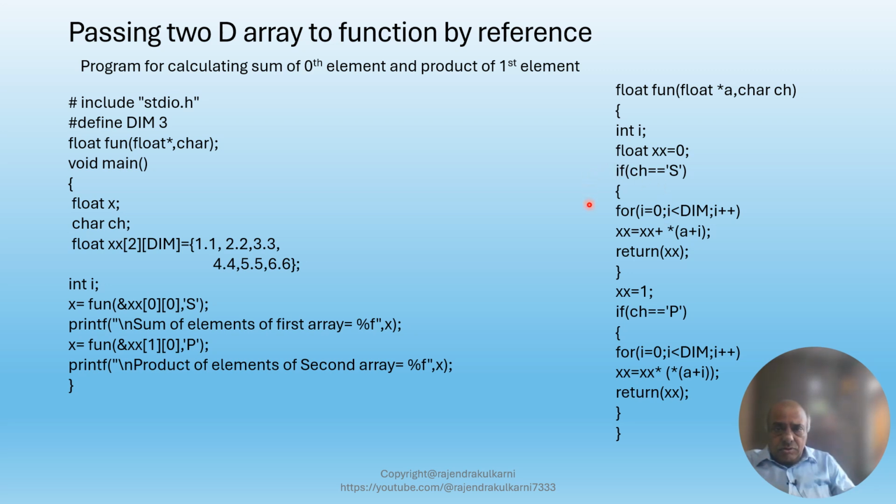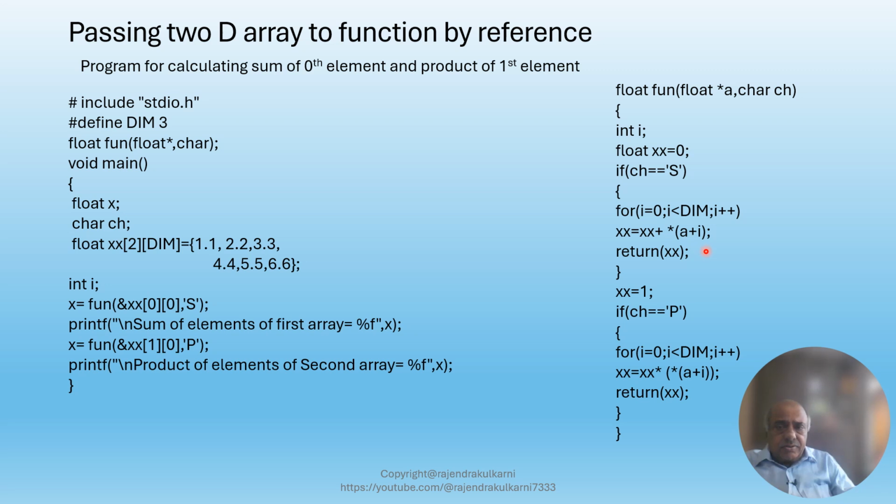In the first if block, when ch is equal to s, a will contain the address of the 0th element of the element number 0 of 2D array xx. So in short, a will contain the address of 1.1, which is the value assigned to the 0th element of the 2D array.